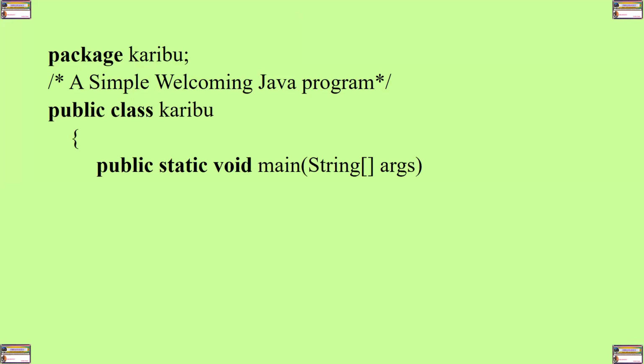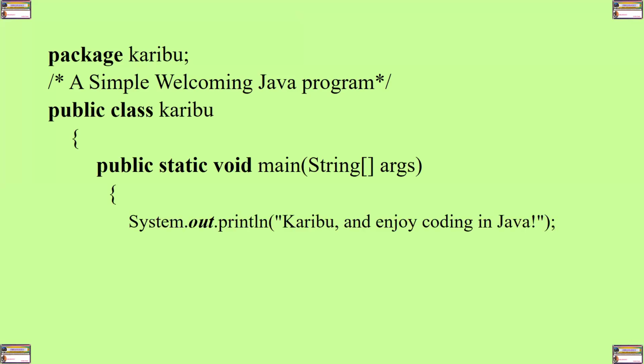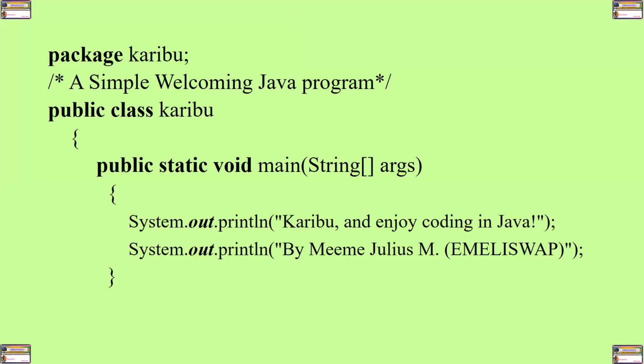So this is our program. Remember, explanations about this program will follow later in the subsequent presentations. For now, we are just in the introductory bit. We are learning how we can manipulate our file using various means, such as using the command prompt or using an IDE. So let's type this program in Notepad.